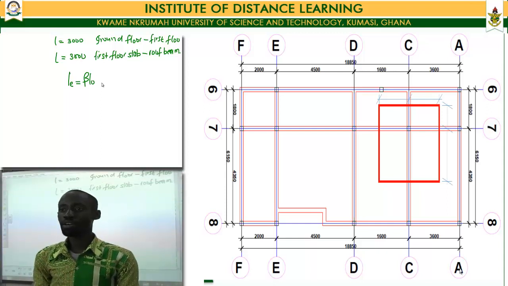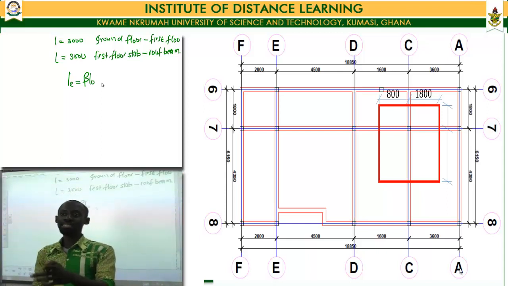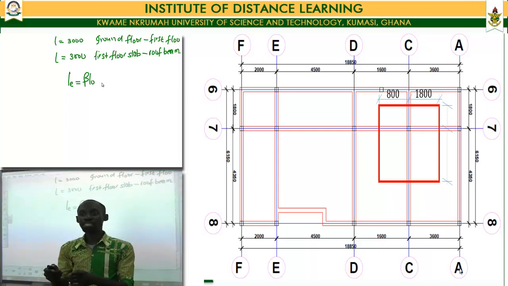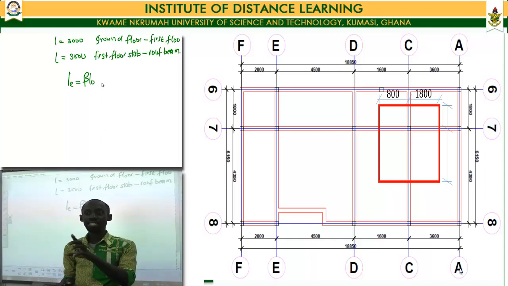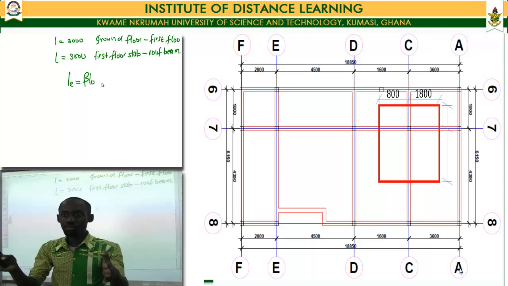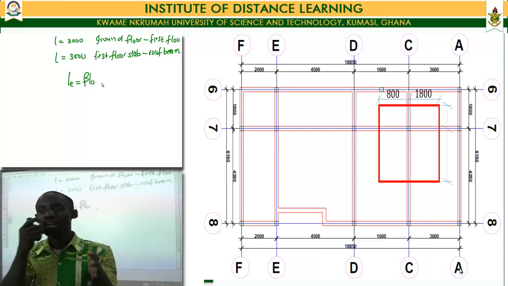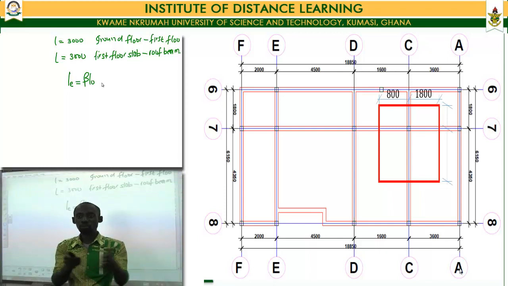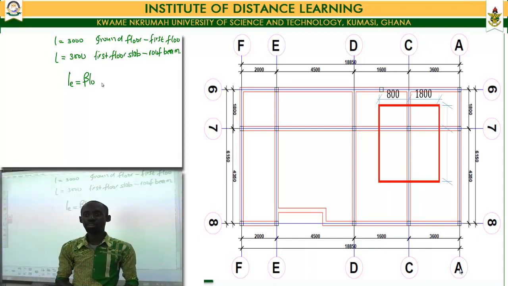So moving back to grid lines C, D, C, and A, you would realize that the equivalent area that the column would have to carry between grid lines C and D is equivalent to 800 millimeters. So out of the 1,600 millimeter distance between our grid lines C and D, our column would have to support 800 millimeters of that span in between the two grid lines.